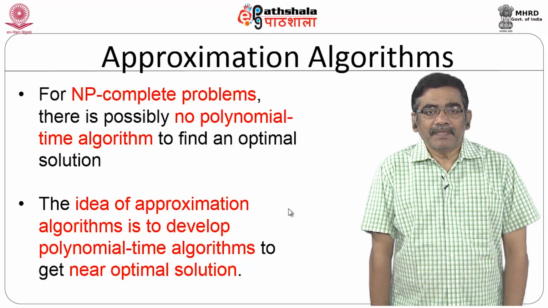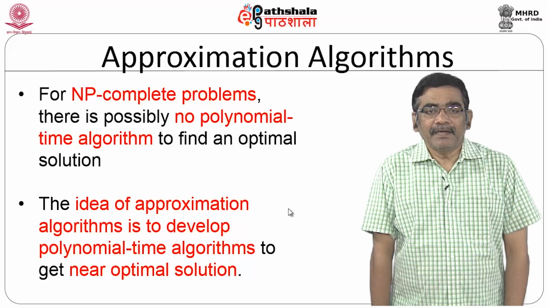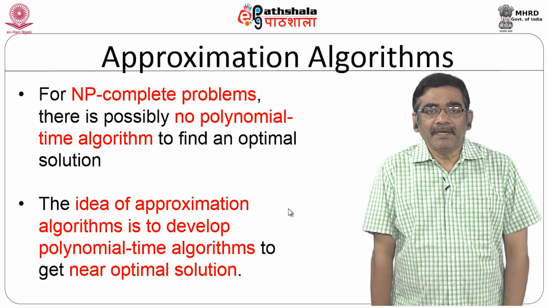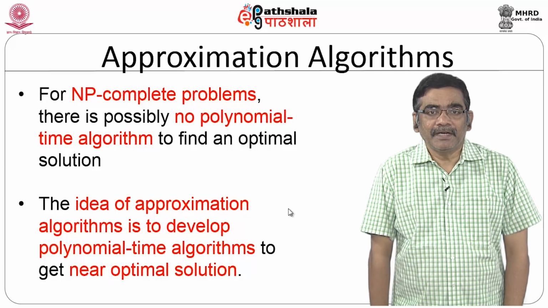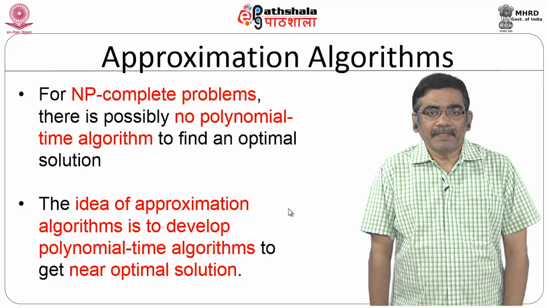I gave you a simple example: if the production of transistors goes beyond a certain limit, then the quality check can be done by random sampling. We can arbitrarily pick up some of the kits and test for quality, and based on that we can find some sort of solution.